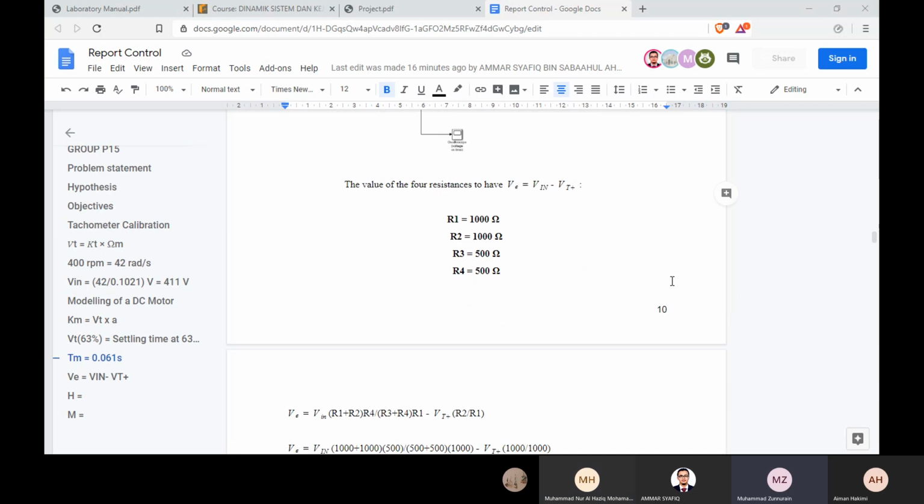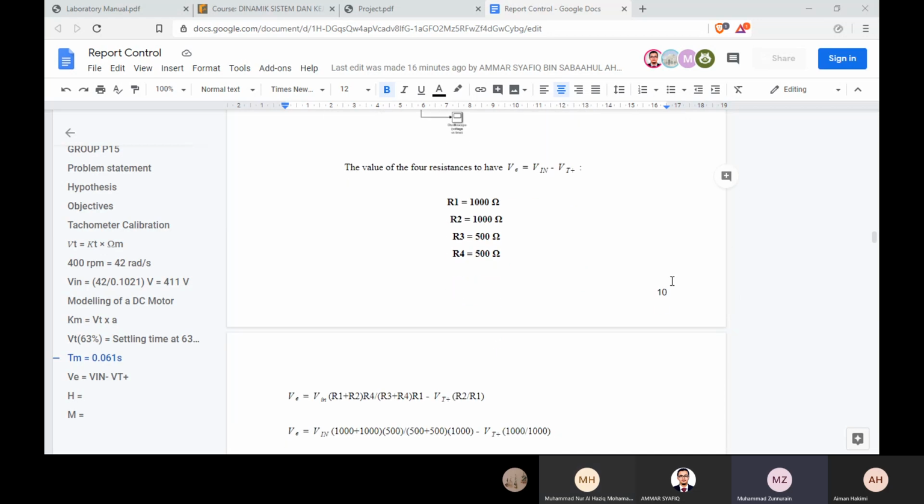We choose the values of R1 and R2 as 1000 ohm, while R3 and R4 are 500 ohm.